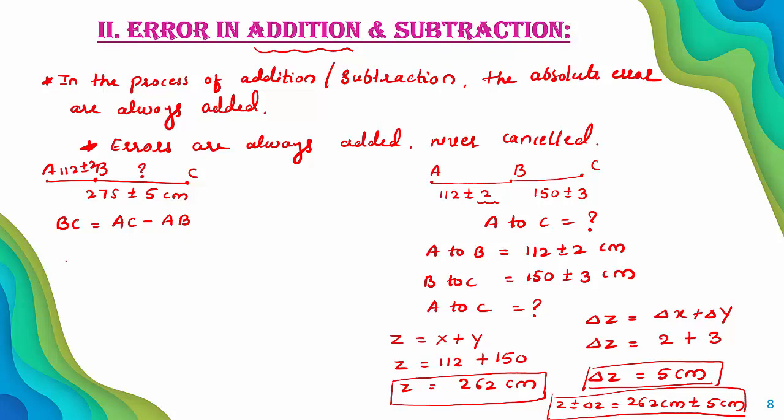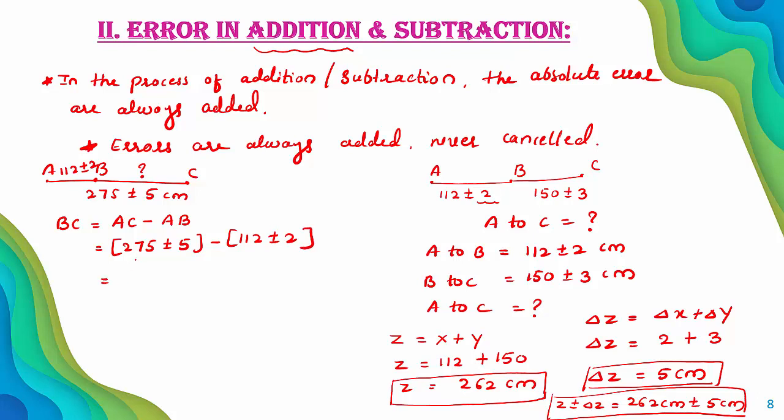Now we can use the error in subtraction method. AC minus AB. What is the value of AC? Here it is given 275 plus or minus 5 centimeter. Minus AB value is given 112 plus or minus 2 centimeter.